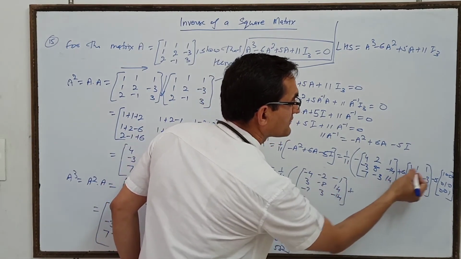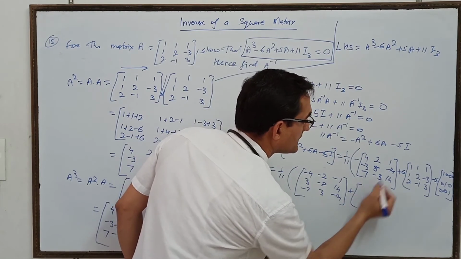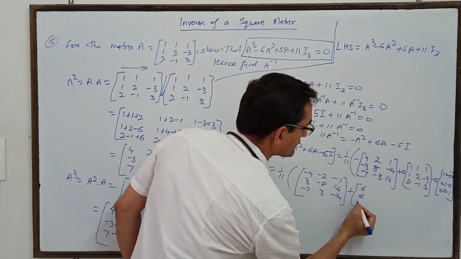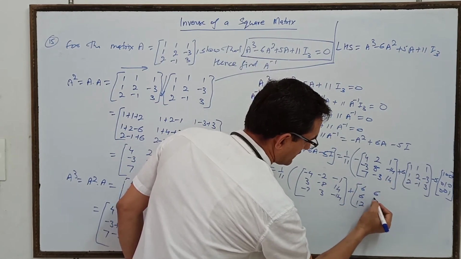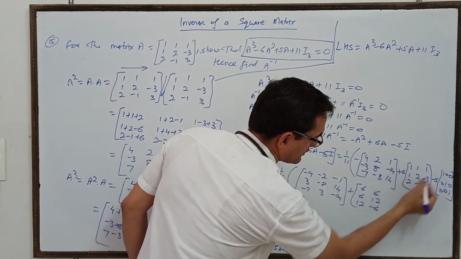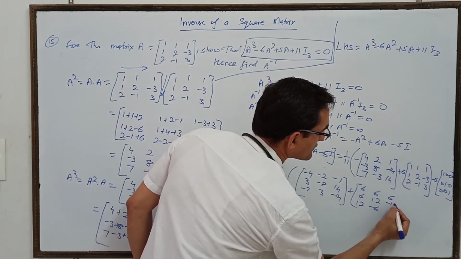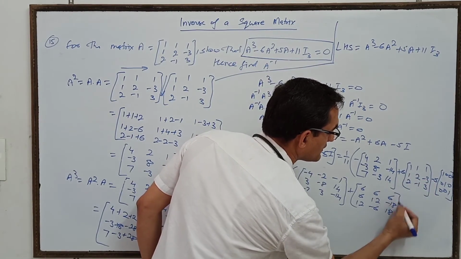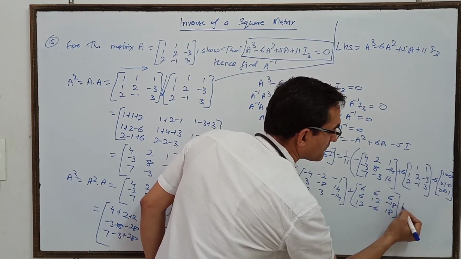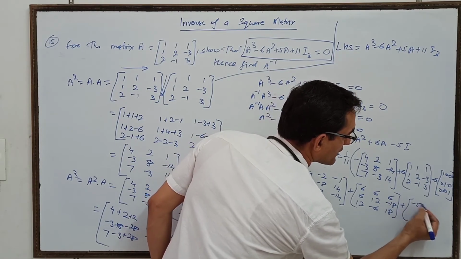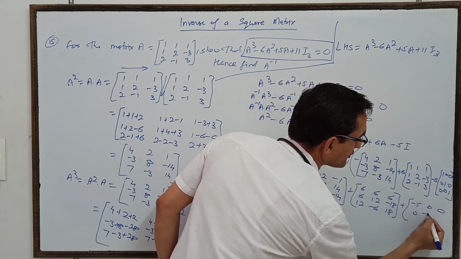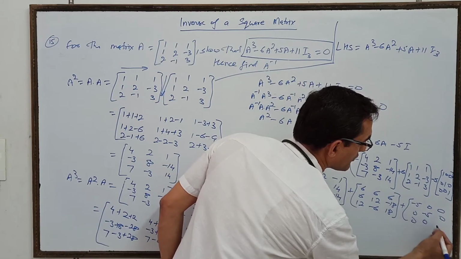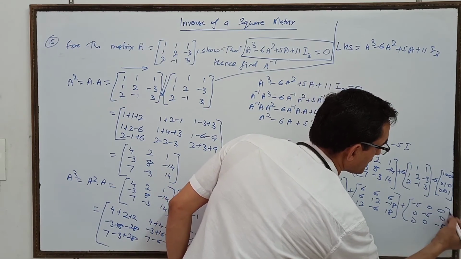And plus, take 6 inside it: 6, 6 12, 6 12 minus 6, 6 minus 6, 3 18 and 6 3 18. Take minus 5 inside it: minus 5 0 0 0 minus 5 0 0 0 minus 5.